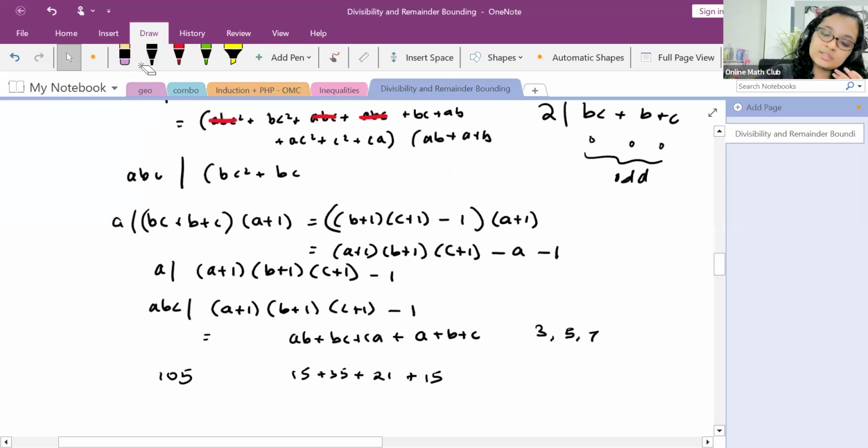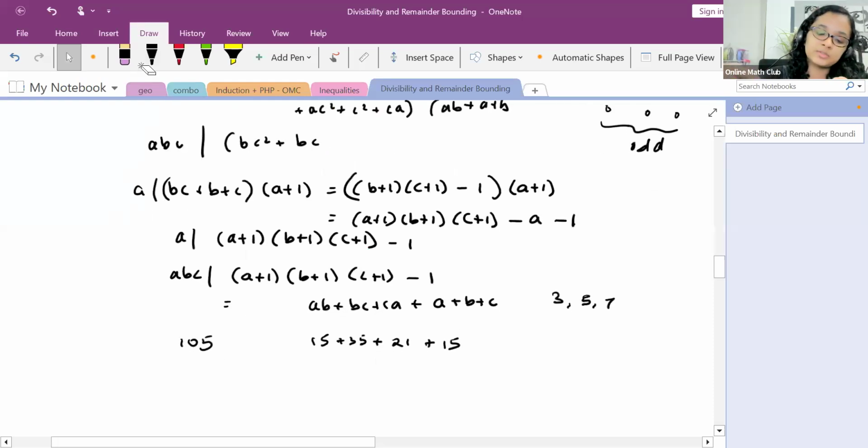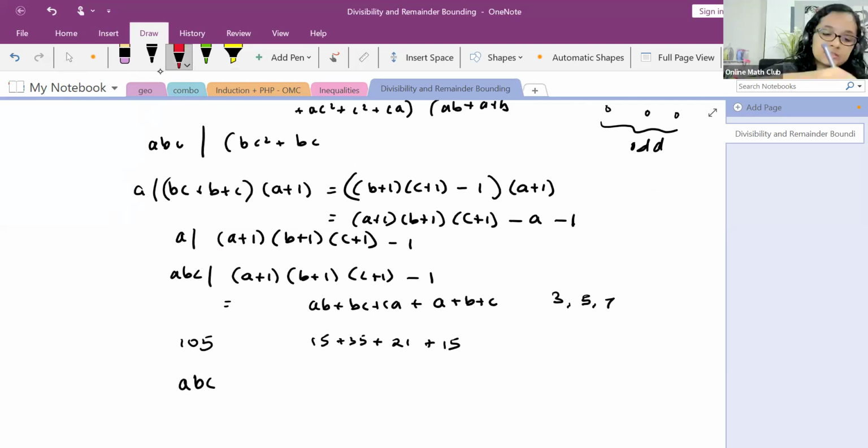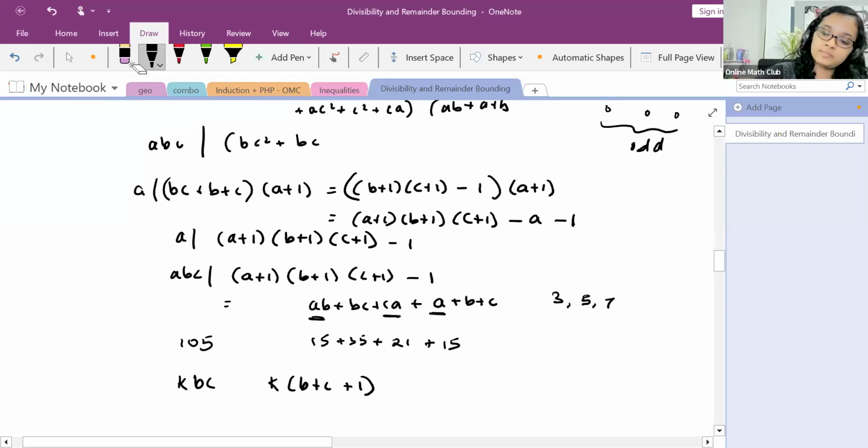And now notice that if you're increasing one of the primes, if you're increasing A, then the left side term ABC increases by the amount you're increasing A. So if you're increasing A by some K, this increases by K times BC, but the right side just increases by K times B plus C plus 1, because of the terms which A divides.